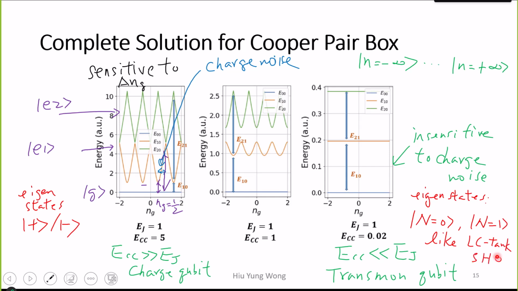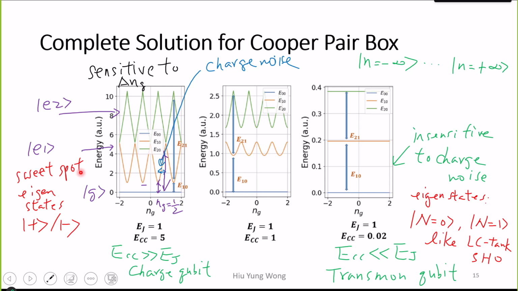So the state, although we are talking about ground state, they are both ground state and excited state. This one is the ground state, let's say at the sweet spot, not outside because it's very complicated, but at the sweet spot, so you won't get confused. In the sweet spot, the eigenstate is plus minus, right? Which is the superposition of n equal to 0 and n equal to 1, but n is small n.